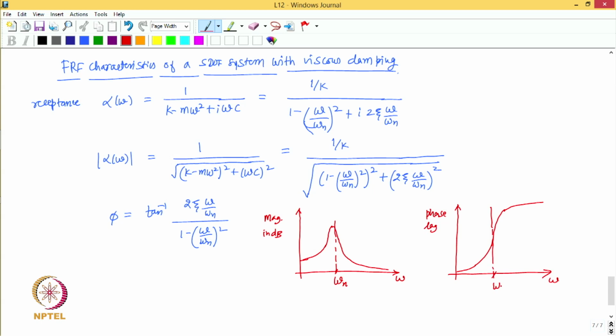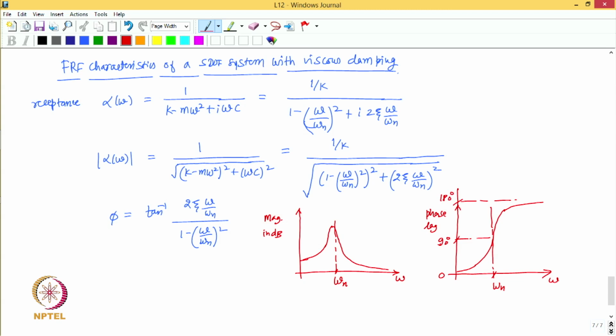At omega n, when the excitation frequency is equal to omega n, the phase is 90 degrees, and it starts from 0 degrees. When the excitation frequency is very large compared to the natural frequency, the phase tends to 180 degrees. So this is basically the magnitude and phase of a single degree of freedom system with viscous damping.